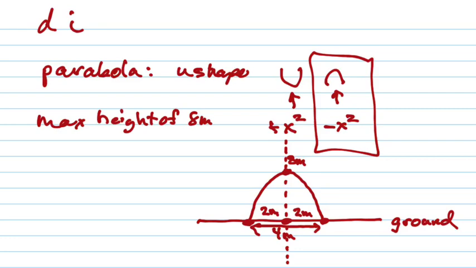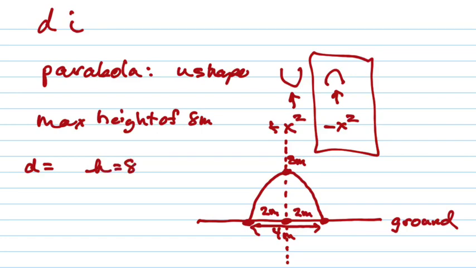Right? So, calculate the equation for the football parabola pathway. So we have a formula for that. We need a distance, and we need a height.